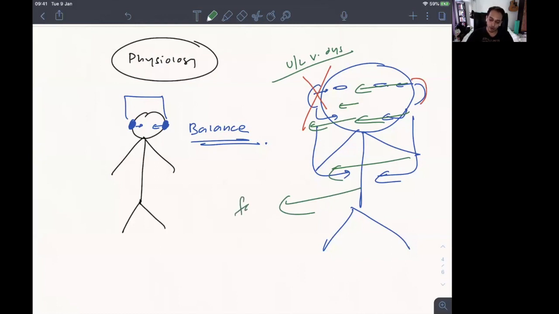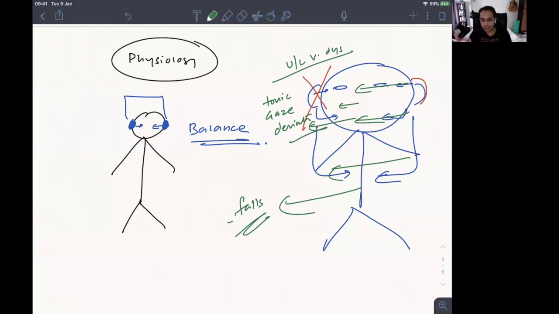So you will have falls to the same side, and you will have tonic gaze deviation. So your eyes will be continuously moved towards the same side as the side of the lesion. Okay, so this is the primary concept of vestibular system.